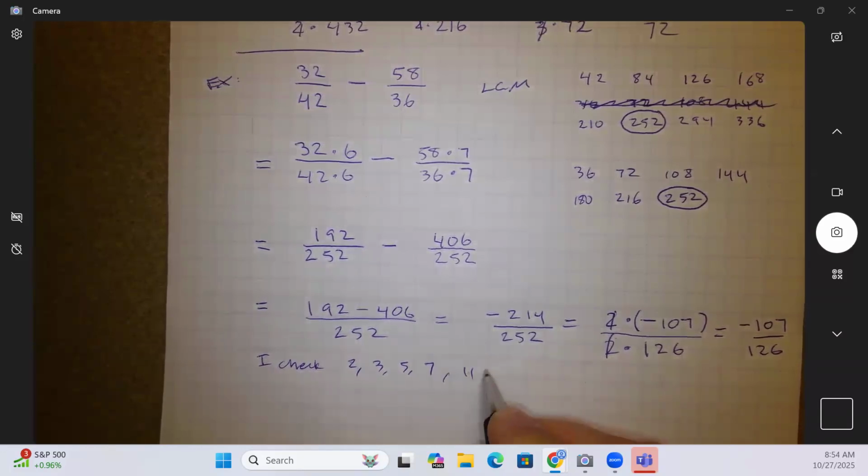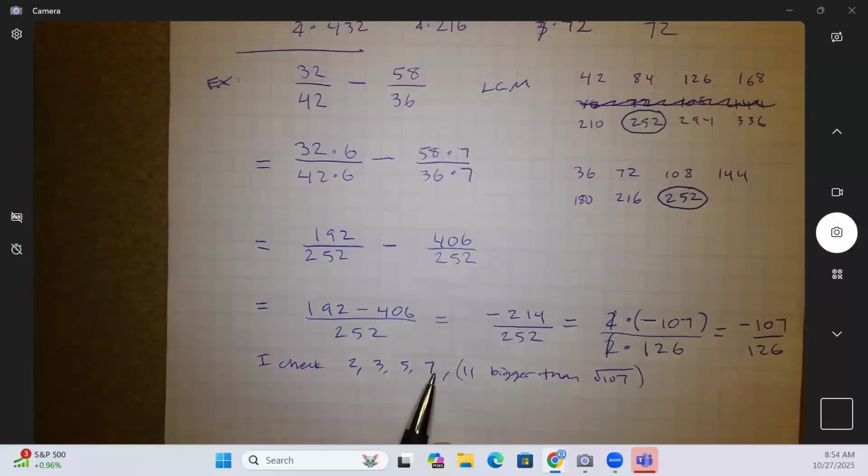Because 11 is bigger than the square root of 107. So I've checked my primes. 107 is actually a prime number. So that's my final answer: negative 107 over 126.